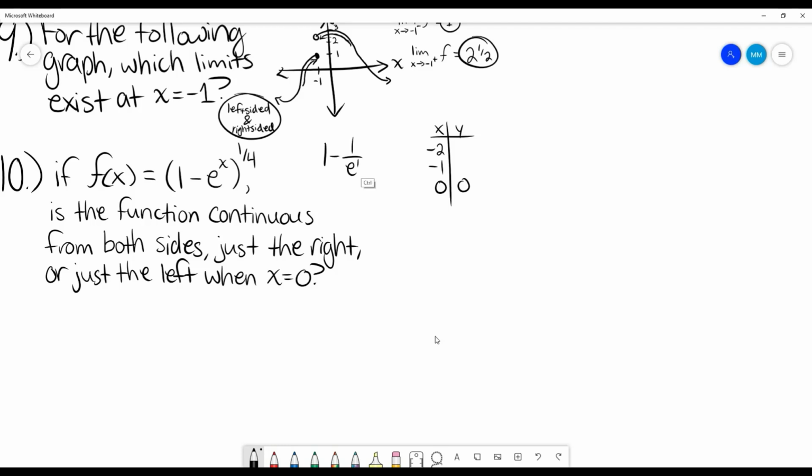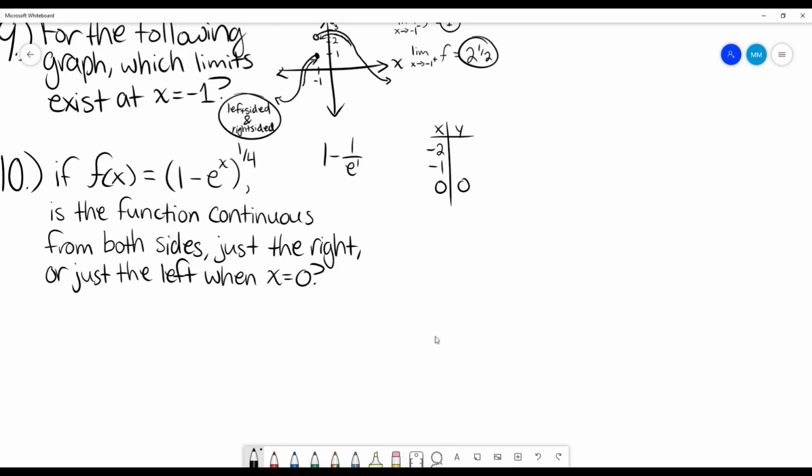Because it's going to be that negative exponent, and when we have a negative exponent, we just flip it on the fraction line. So in this case, we know that e is a little over 2 point something, right? So this is going to be like a 1 minus, say, a 1/2-ish, which is just going to give us a little less than a 1/2 inside of our 4th root. That exists, right? So that's good.